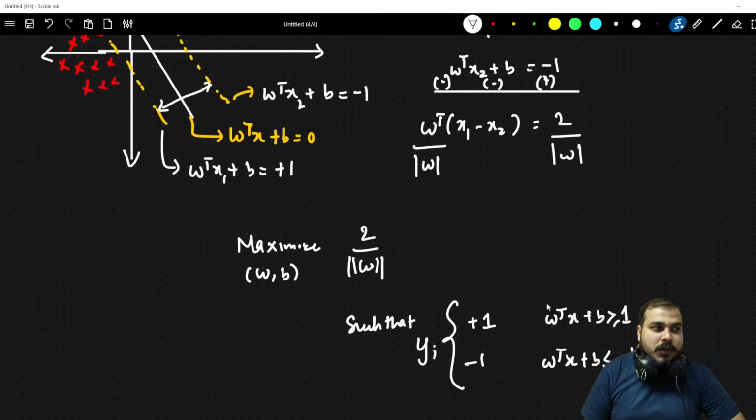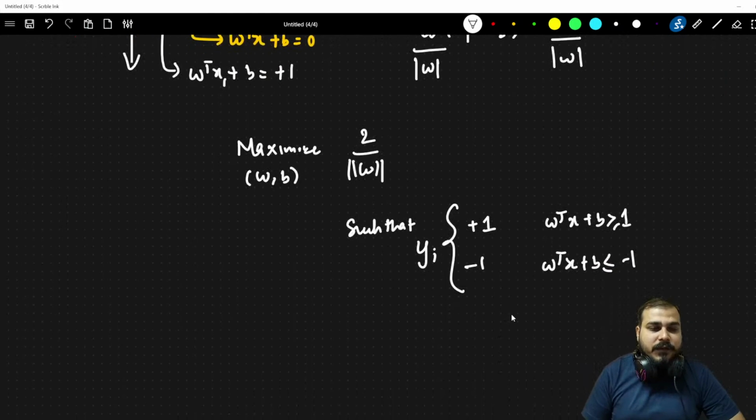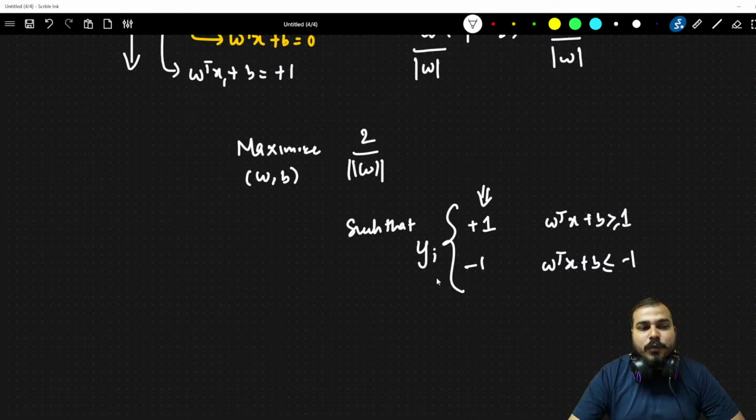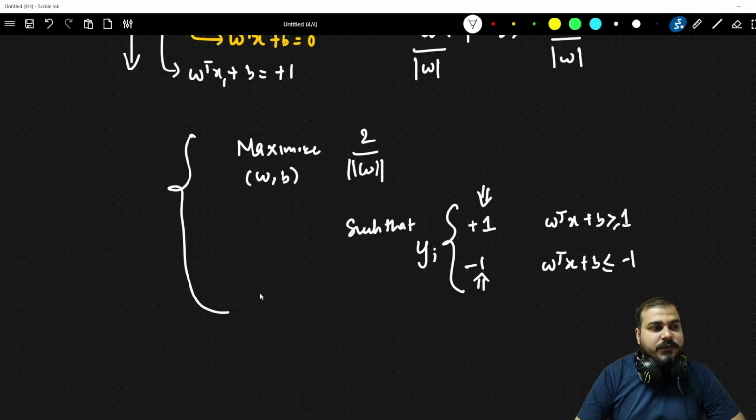See, whenever I compute W transpose X plus B and it is greater than or equal to 1, I'm obviously going to get plus 1. When W transpose X plus B is less than or equal to minus 1, I'm always going to get the output as minus 1. I hope that is the reason why I have written it like this. We have already discussed why we are writing this.